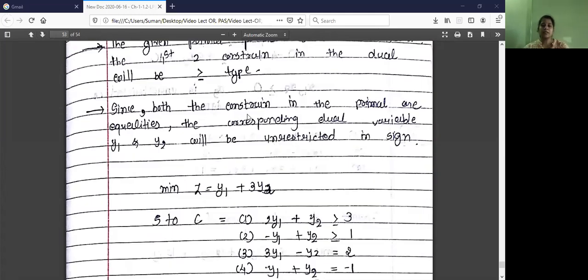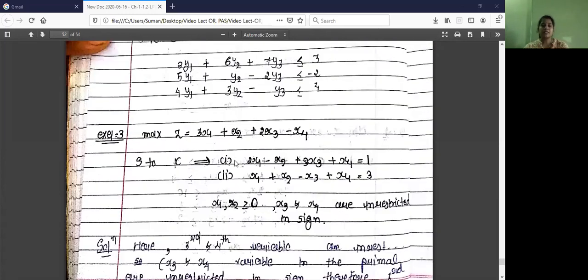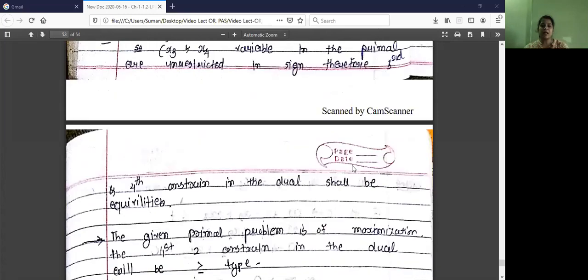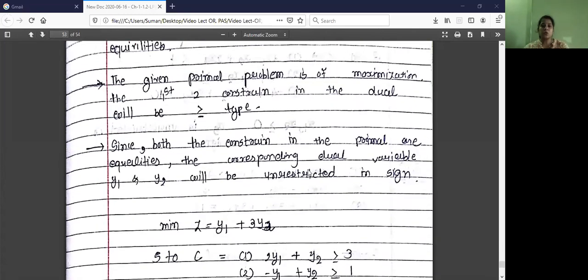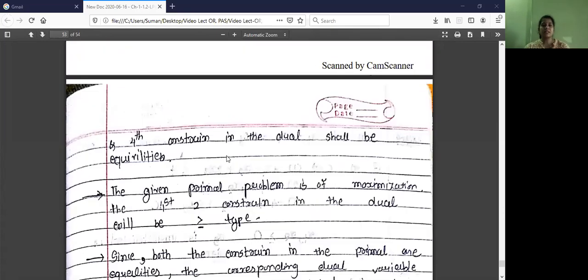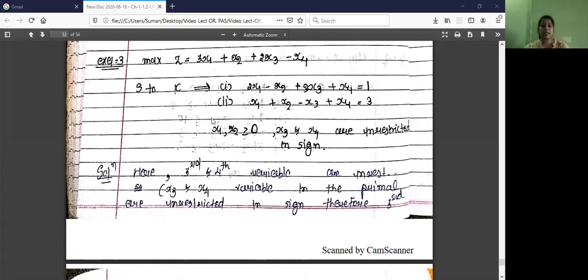Since both the constraints in the primal are equalities, as you see here, both equations are equal to type, the corresponding dual variables y1 and y2 will be unrestricted in sign. Got it?